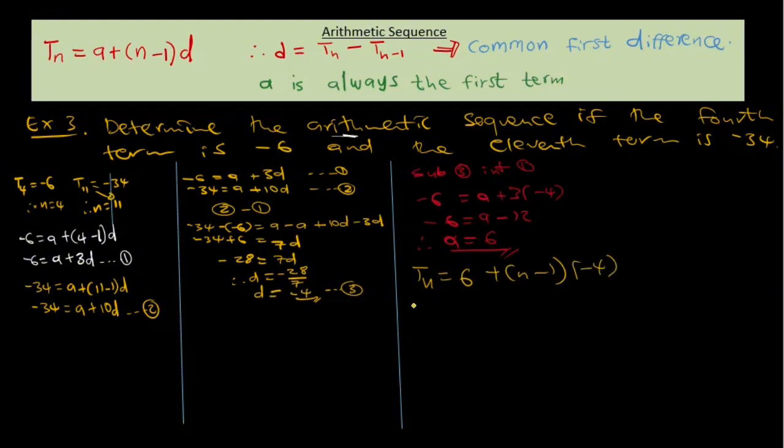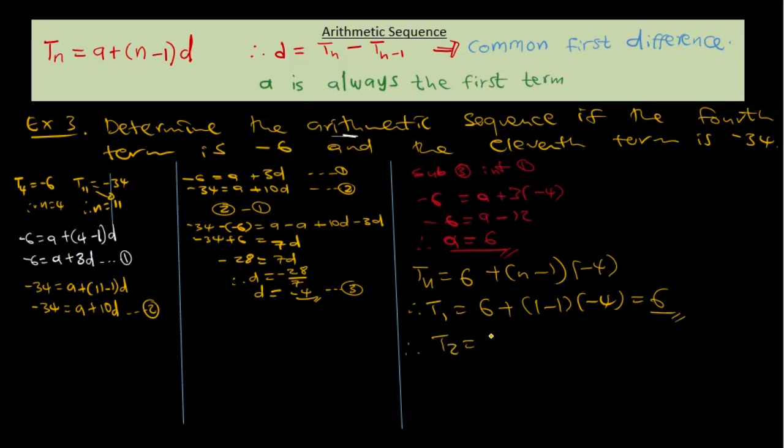So T1 will be 6. n is equal to 1, so 1 minus 1 times minus 4 gives you 0. So the first term will be equal to 6.